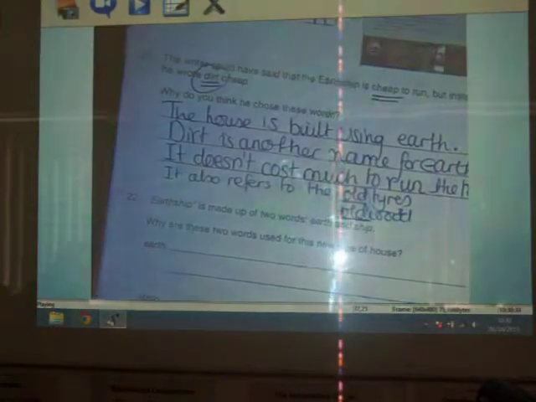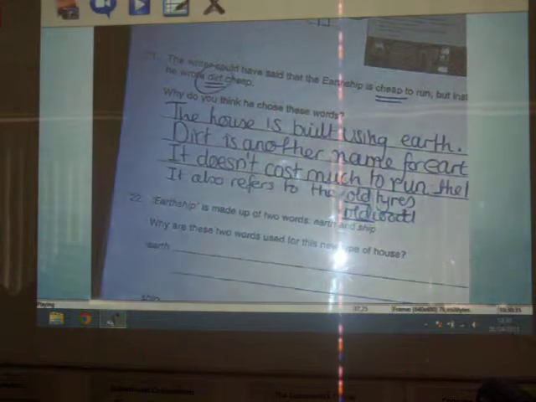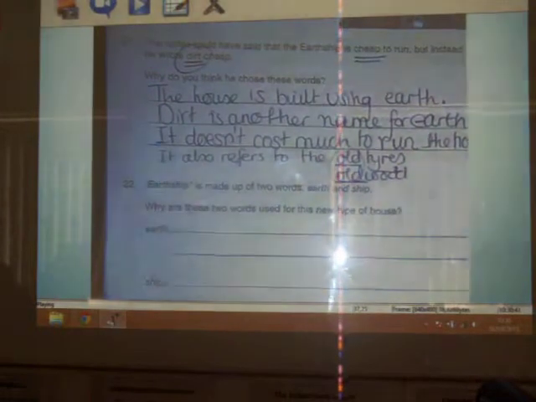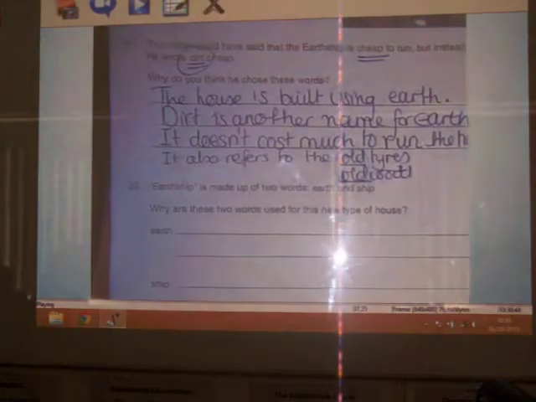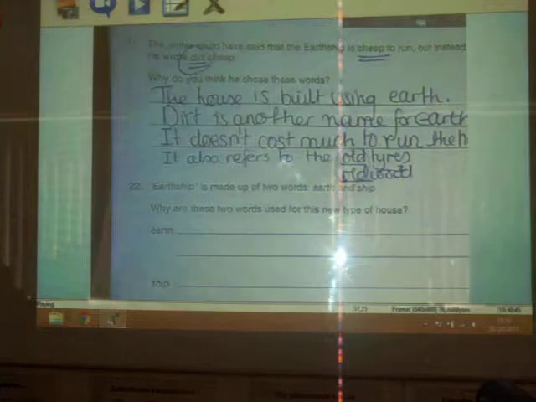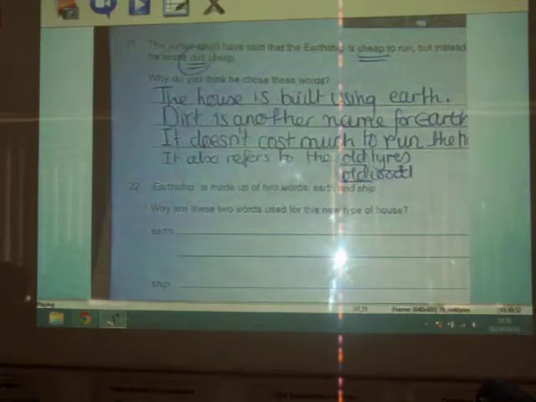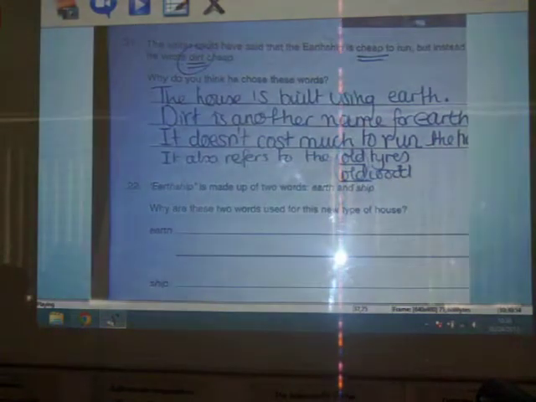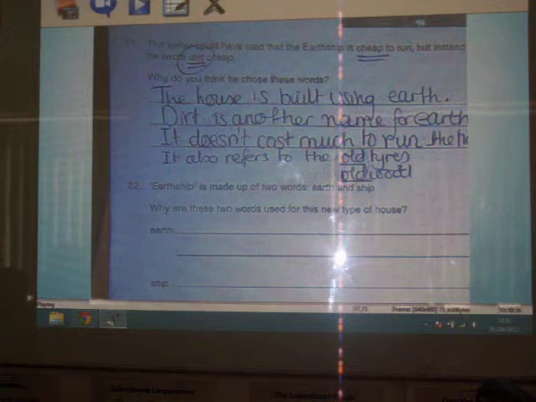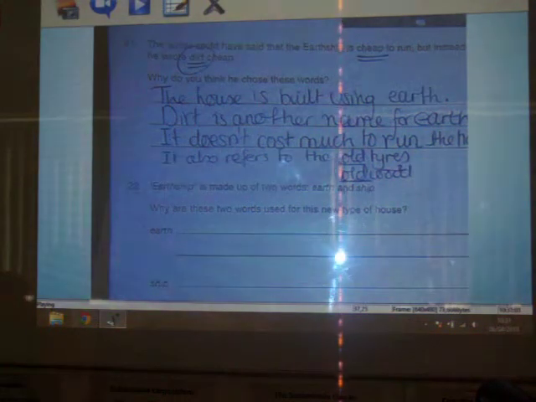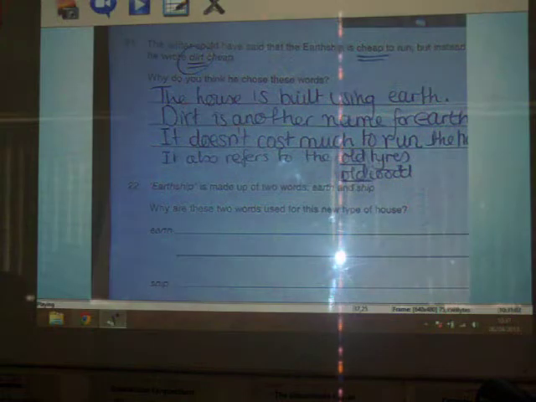Okay. Earthship is made of two words, earth and ship. Why are these two words used for this new type of house? So the word earth indicates what? What is the word earth indicating? If you look back at the text, what's the purpose of this house? What are they trying to achieve? They want the house to be natural and not cost much.